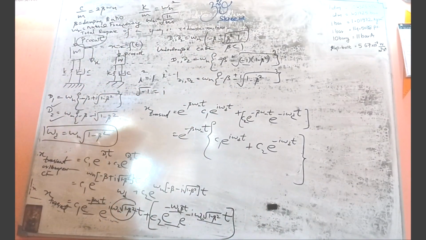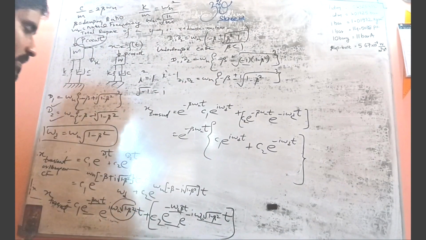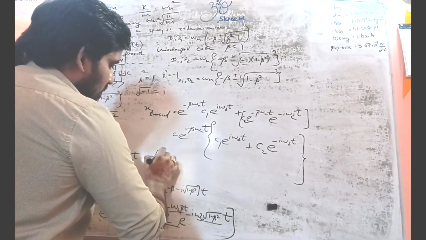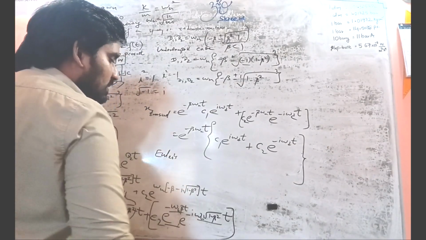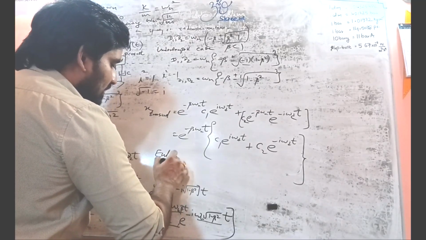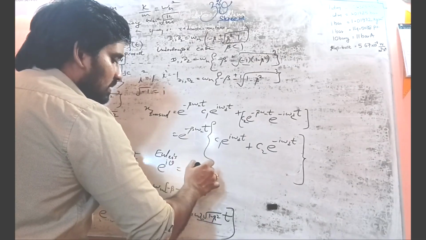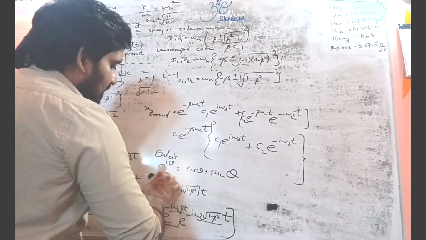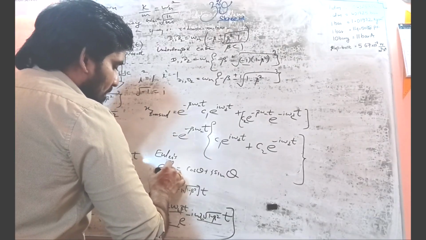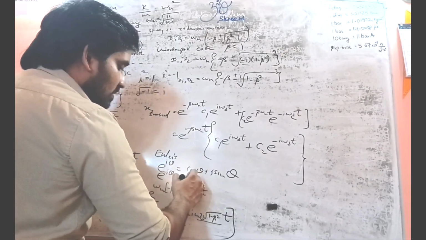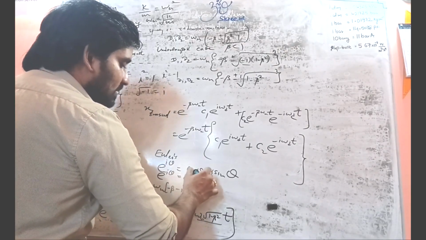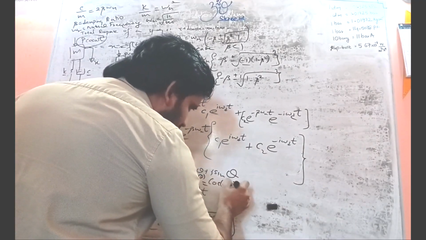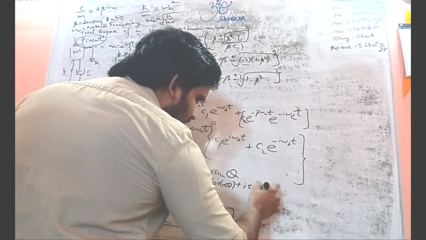Now we are going to refer to Euler's equation. We know e to the power i theta is given by cos theta plus i sin theta. In case it is e to the power minus i theta, that is the same as e to the power i times minus theta, which equals cos minus theta plus i sin minus theta.